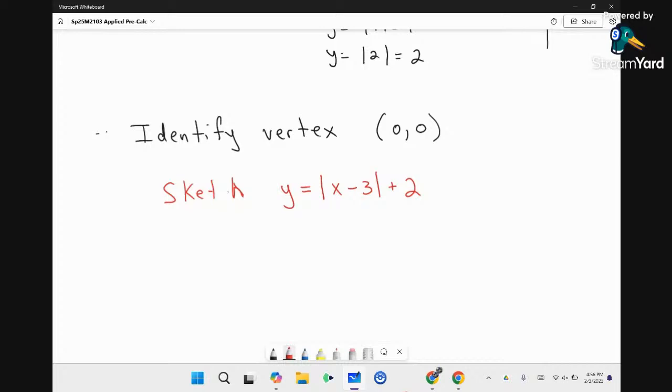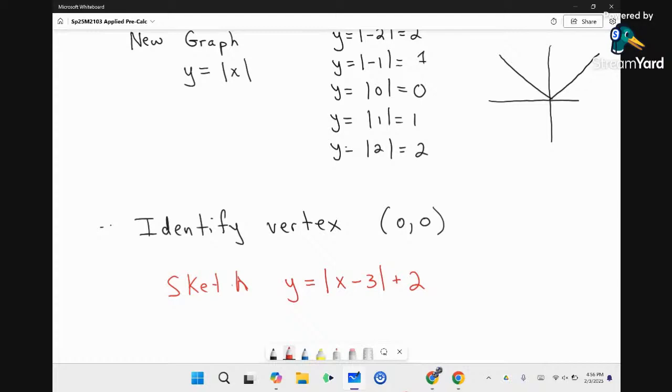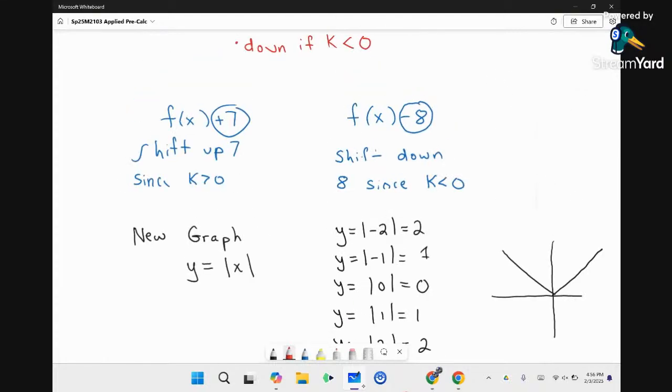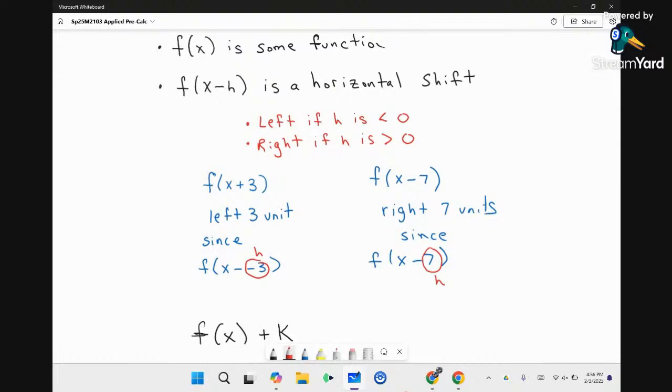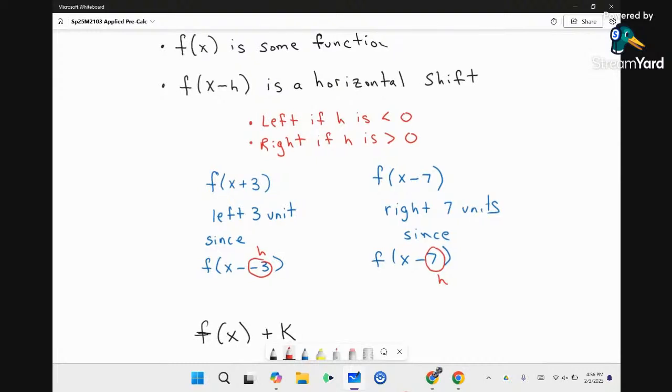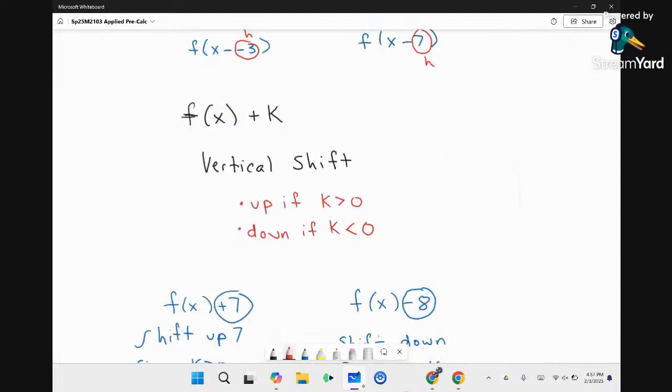Whatever your function is, in this case the absolute value, whatever's inside is going to have the form x minus a number. Okay.